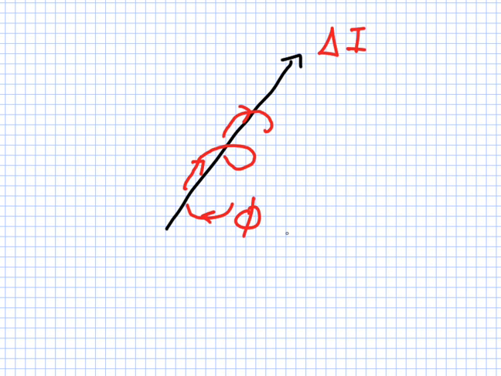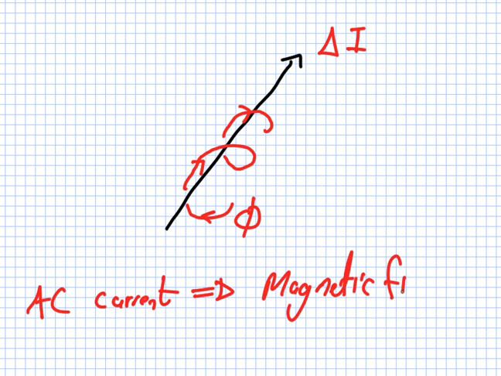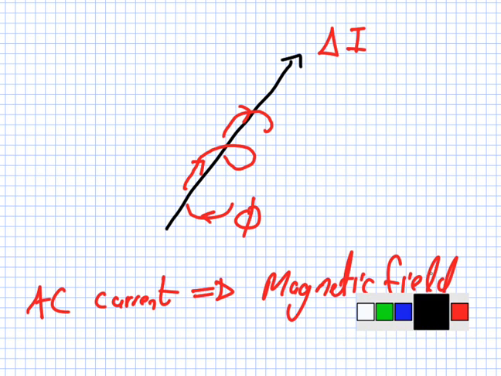This is a current that gets stronger, weaker, stronger, weaker. Okay, yeah? So in other words, AC current can produce a magnetic field. Now it said that this has an important safety consequence, which I'll talk about now.